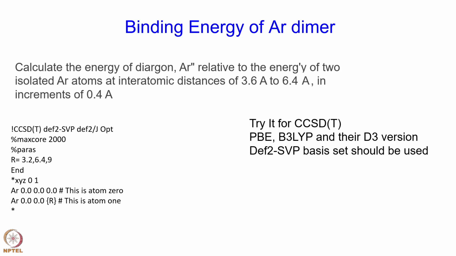So, that means I can calculate one argon atom and multiply it by two, and then I will find out how much the binding energy is. You can also plot the normal energy, it does not really matter, but to calculate that, what you need to do is a potential energy scan. That means I have to change the distances, and at each distance I need to calculate the energy and then plot it to get some kind of a curve.